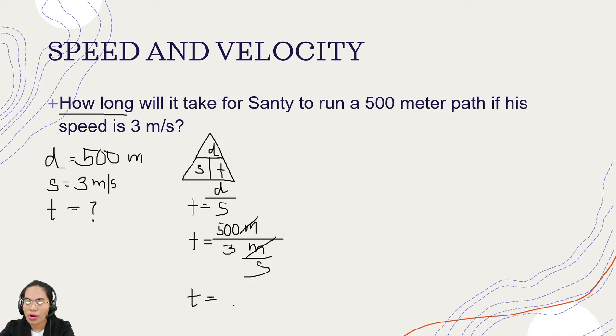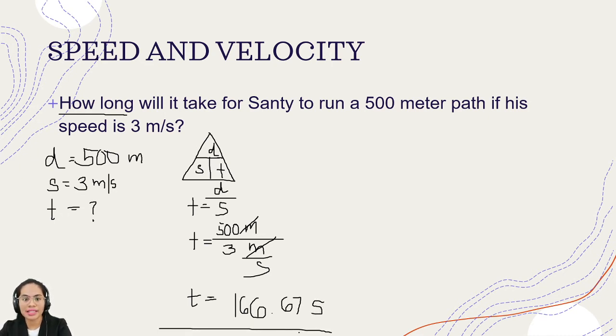Okay, this is 166.67 seconds. If we are going to conclude this one, we can just say that Santi will take 166.67 seconds to run a 500-meter path with a speed of 3 meters per second.